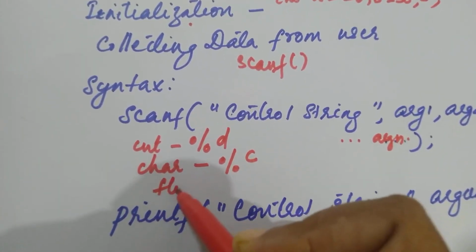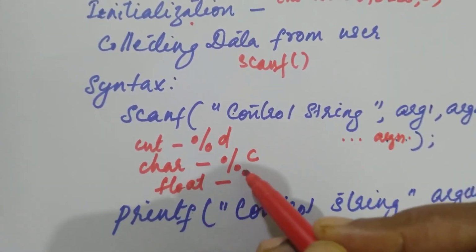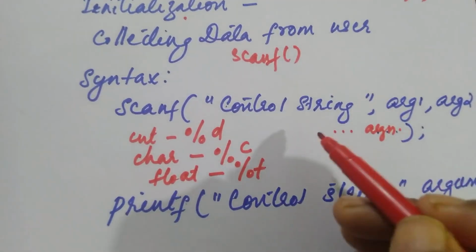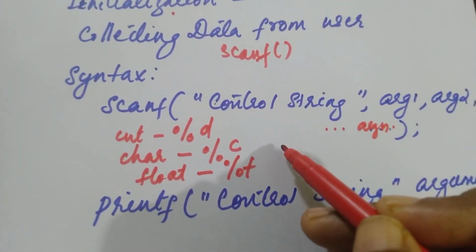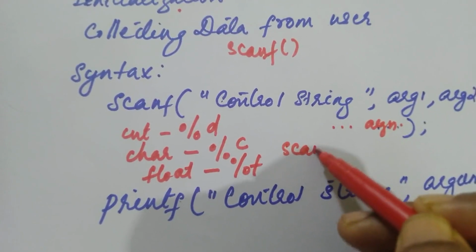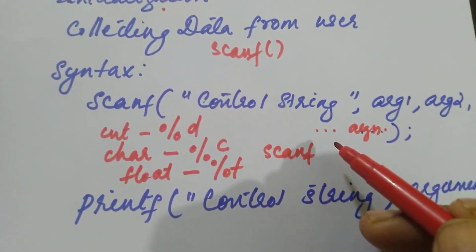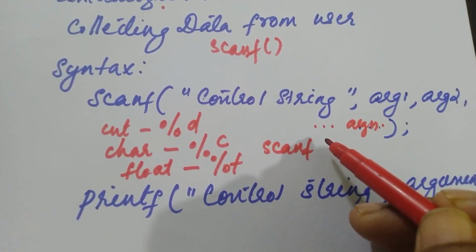And the specifier of a float data is %f. So while reading data, we have to specify the data type, that is, which type of data is being read from the user.